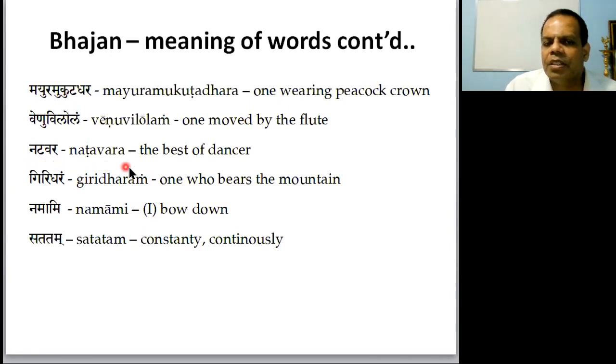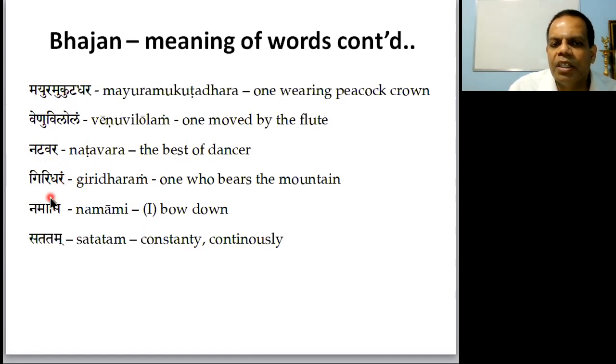Nata Vara. In the Gayatri Mantra, there's a word called Varenyam. Varenyam means that which is the best. Vara also means boon. And the boon is not anything ordinary, it's the best. That's why when we ask for a boon, we ask for the best from the Lord. Nata Vara. Okay.